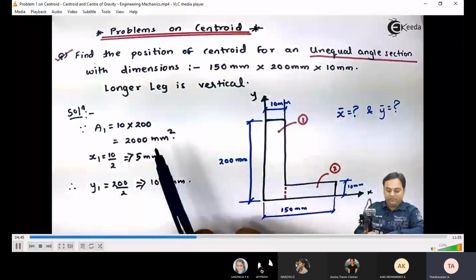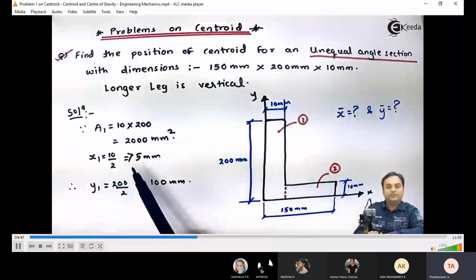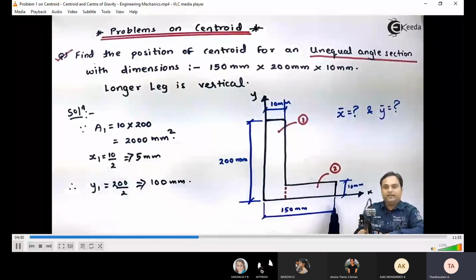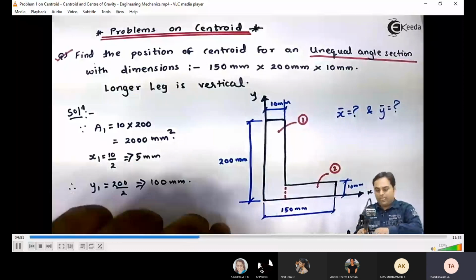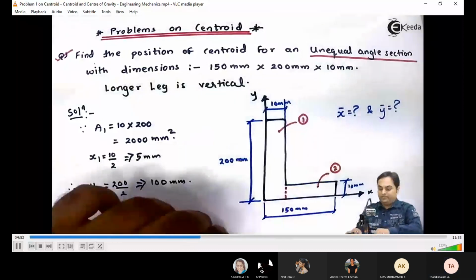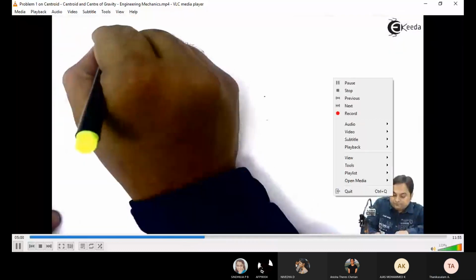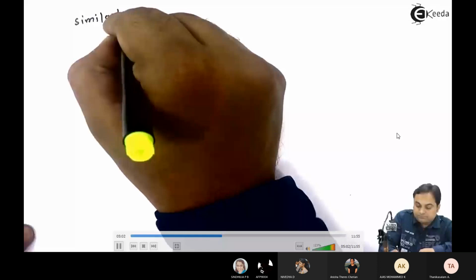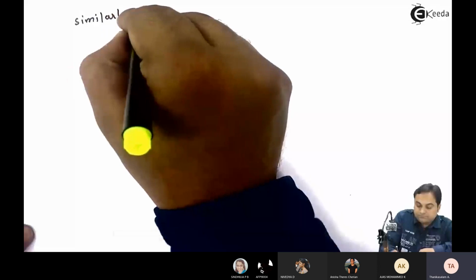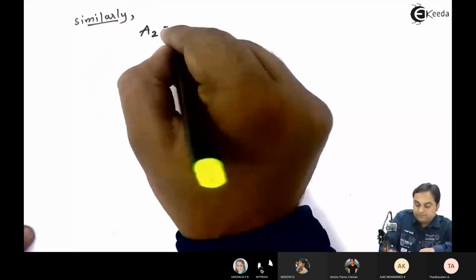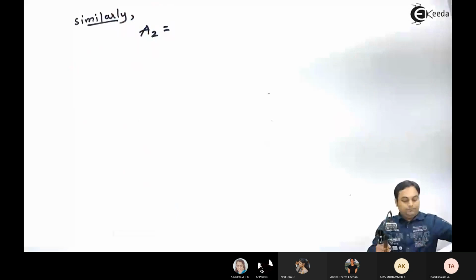Similarly, I will be calculating the area, x value and y value for rectangle number 2. So similarly, area 2 is equal to... the second rectangle is having a width.